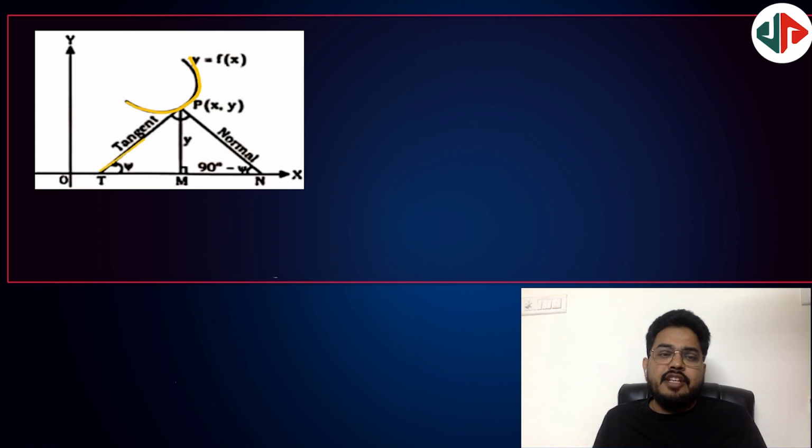The tangent is drawn at P. Where the tangent from P meets the x-axis at T, PT is called the length of the tangent.